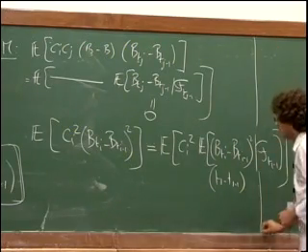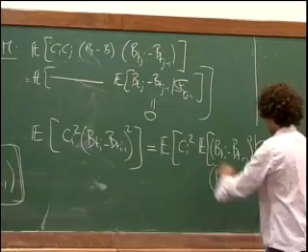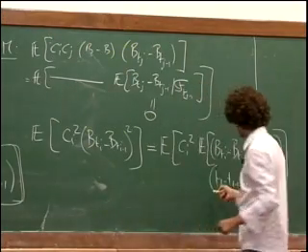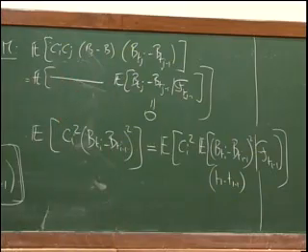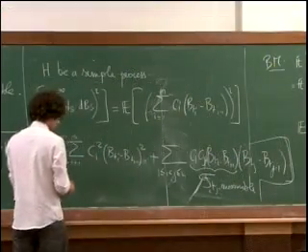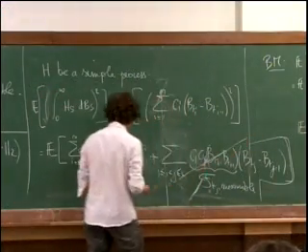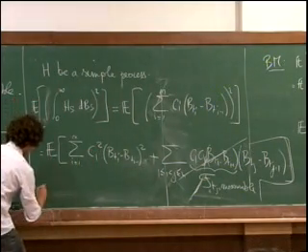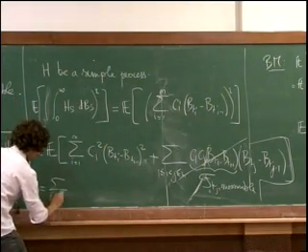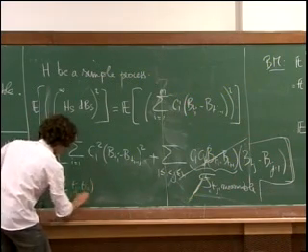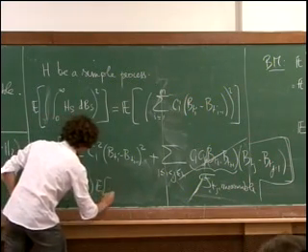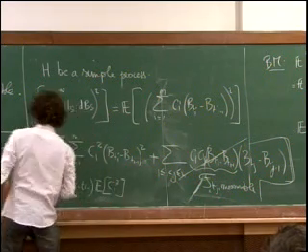So nothing deep here. So I can let the t_i minus t_{i-1} go out of my expectation. And all these cross terms are equal to 0, and what remains is just the sum for i equals 1 to n of (t_i minus t_{i-1}) times the expected value of C_i squared.